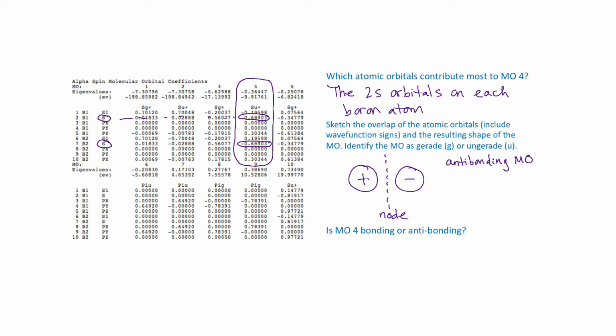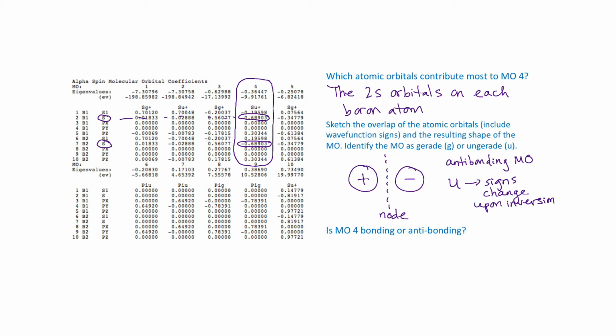Again, this is where we do our inversion symmetry. When we invert these two orbitals on our atoms, the sign here is going to change. That means that we're going to have a u designation. So again, remember your signs change upon inversion.